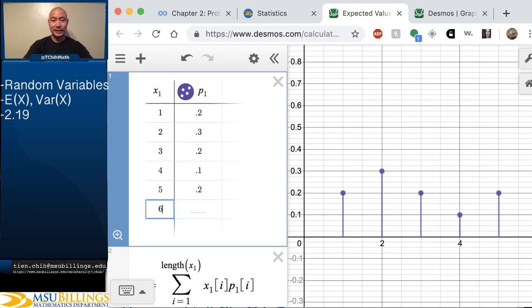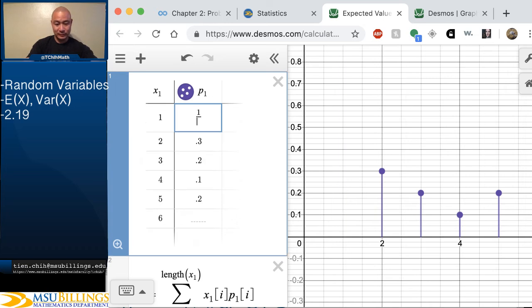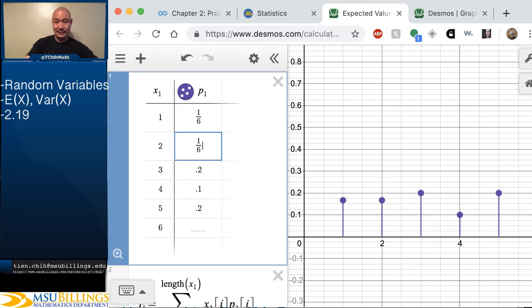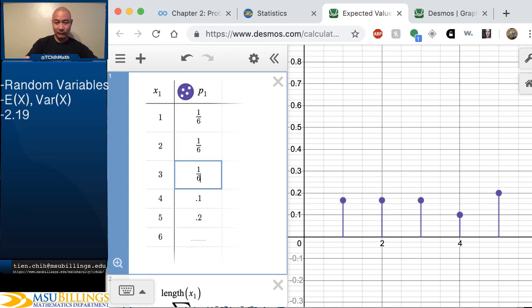So in our example here, if we're rolling dice, 1 through 6 are our outcomes, and 1/6 is the probability for all of them.